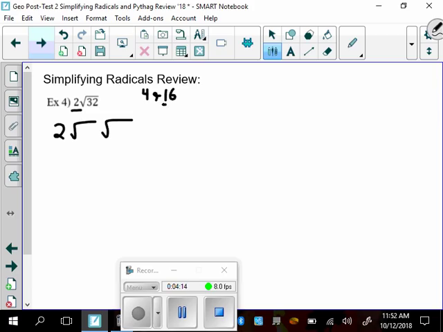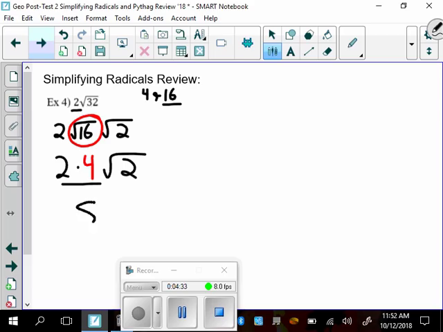You want to use the bigger one, so you have less work to do. So 16 would go into that twice. The square root of 16 is 4. And when we do that, we're always going to multiply the 2 numbers that come out in front. And I'll end up with 8 radical 2.